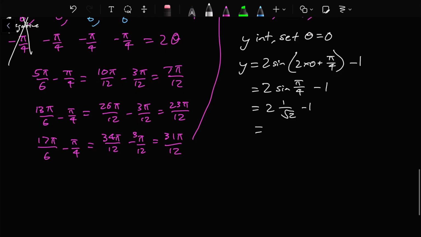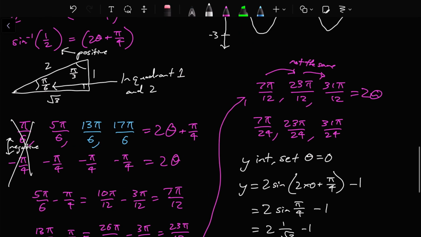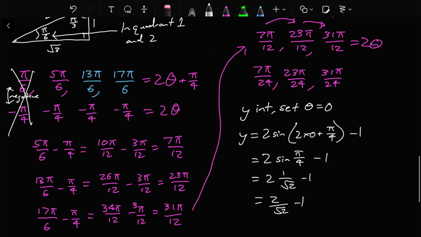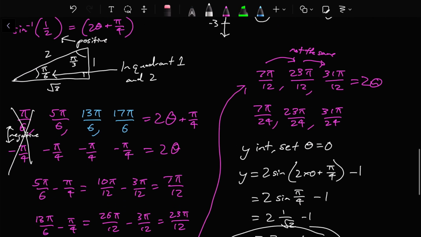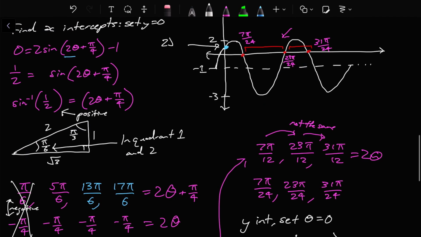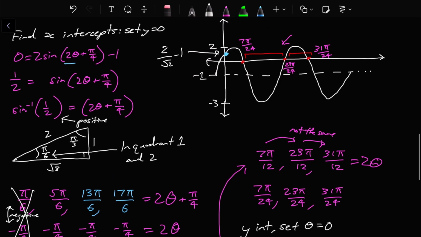So that's 2 over root 2 minus 1. We'll just leave it as that. You can combine the fraction, but who cares? So that's the y-intercept. We could label that, if we really want to, 2 root 2 minus, but not 2 root 2. Well, technically it would be actually if we rationalize, but it doesn't really matter. Minus 1. Okay? And we're done.